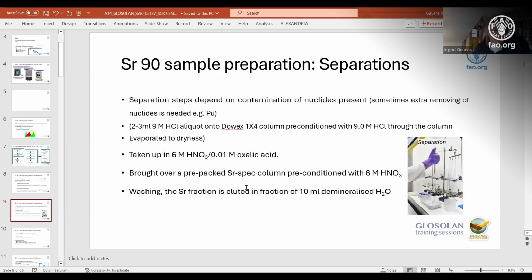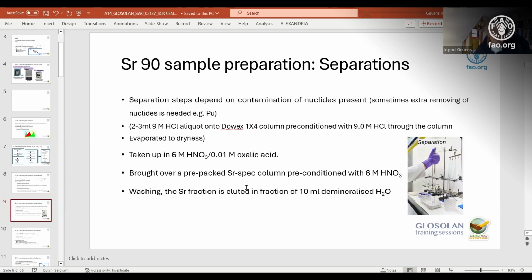After eliminating extra nuclides, or going directly from the microwave digestion where we brought the sample to dryness, we take 6 molar nitric acid and also 0.01 molar oxalic acid.